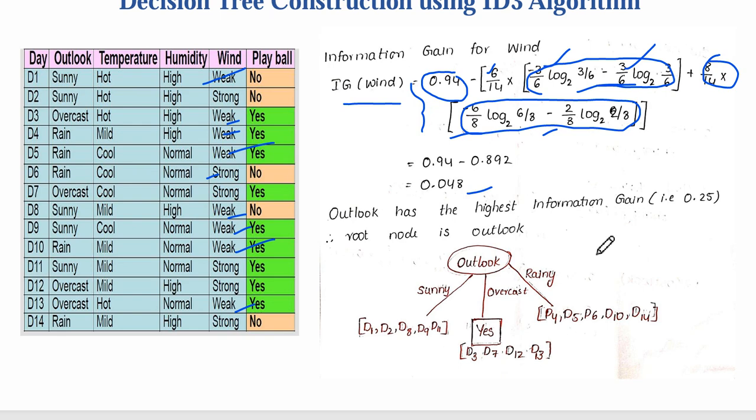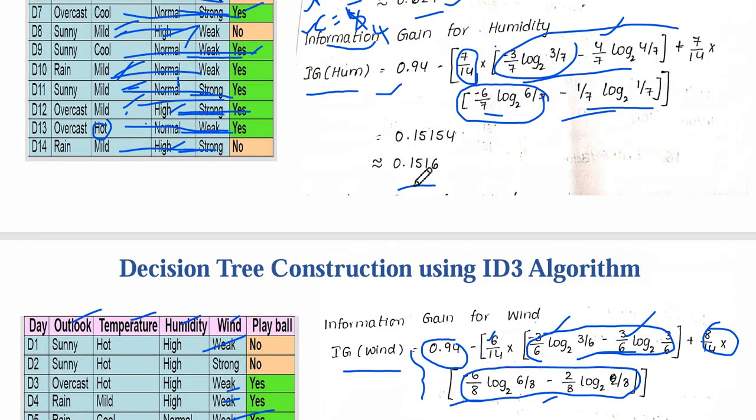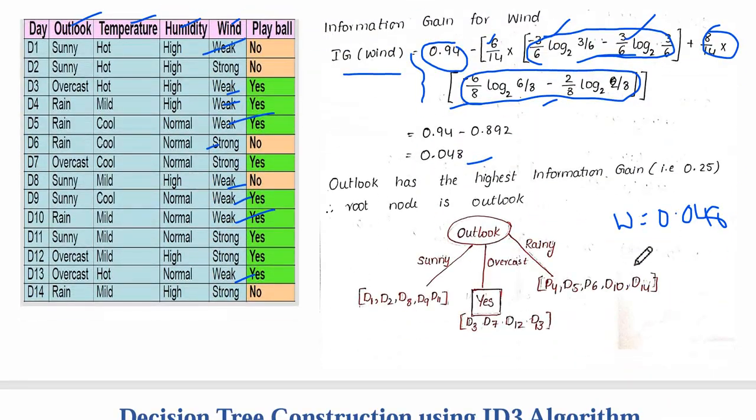Let's recall: we are finding the gain for outlook, temperature, humidity, and wind. So the gain of wind is 0.048. Clear? Then the gain of humidity is 0.15 something.